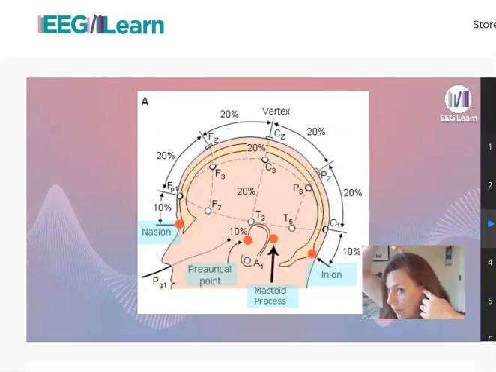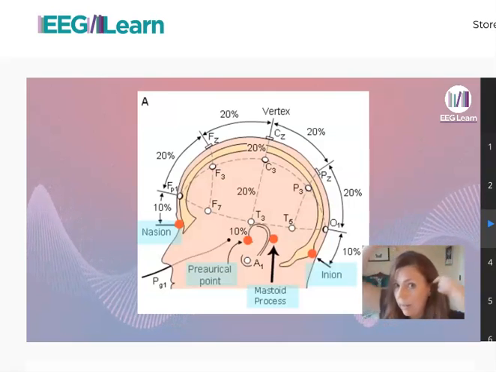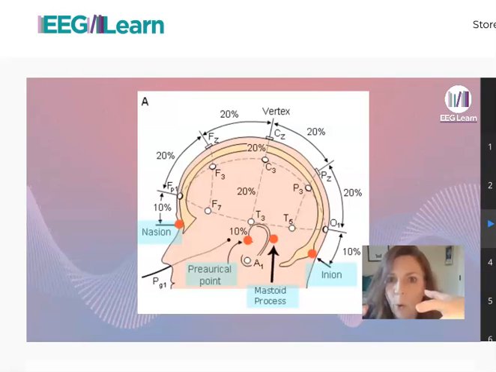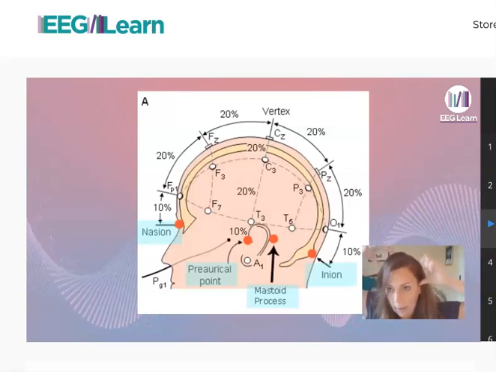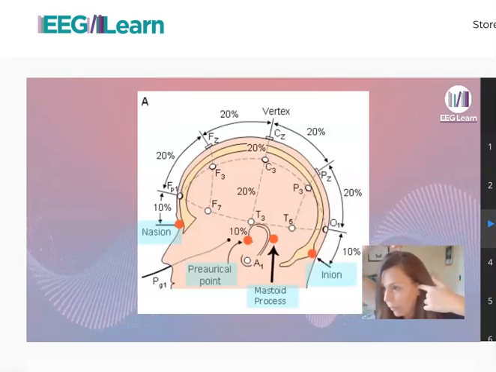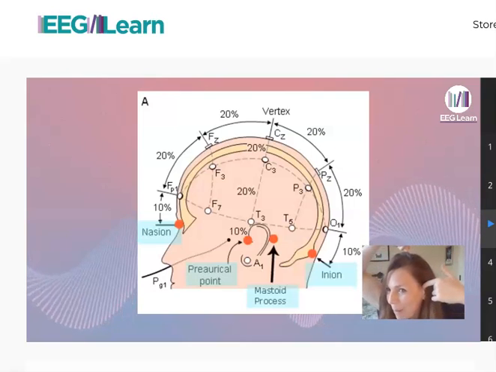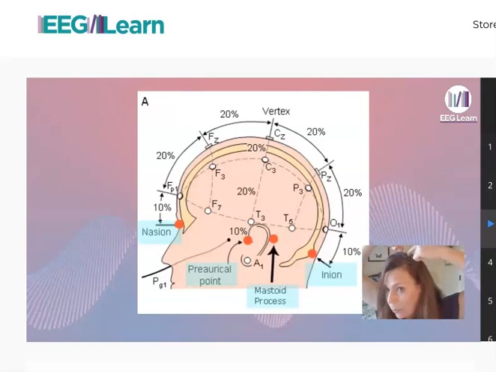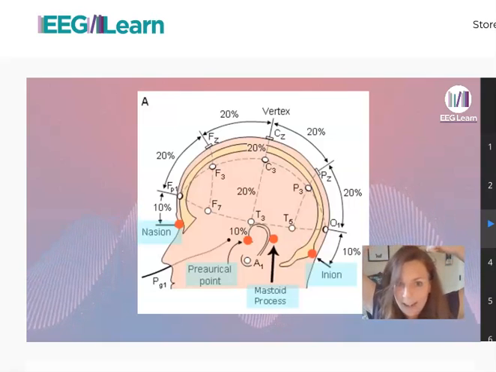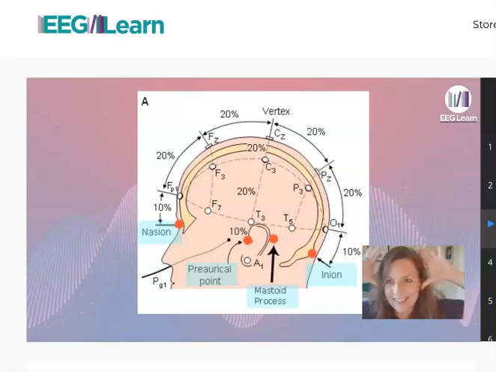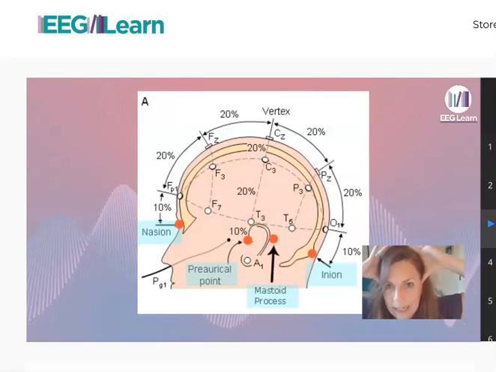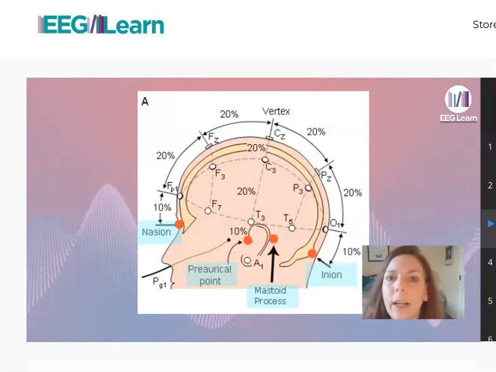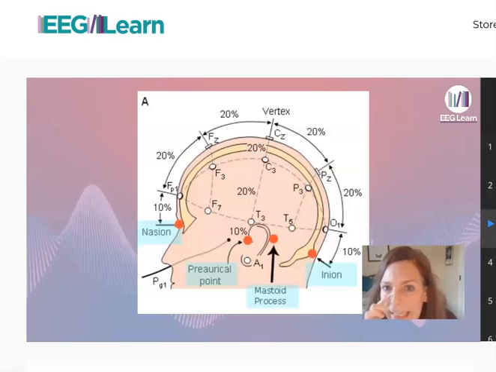I always like to double check myself that I'm not going too far forward or too far back by running a line. Hopefully you can see my camera. By running a line from my finger on the preauricular point up to the finger on the top of the head, if they intersect, then I'm doing a pretty good job of staying in line. But let me stress, that is not CZ.